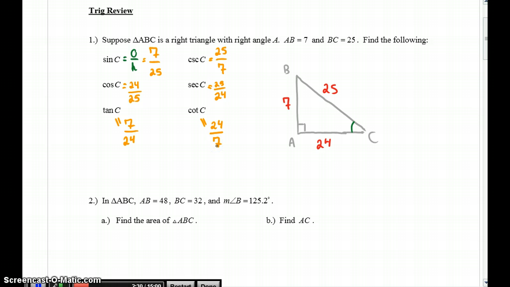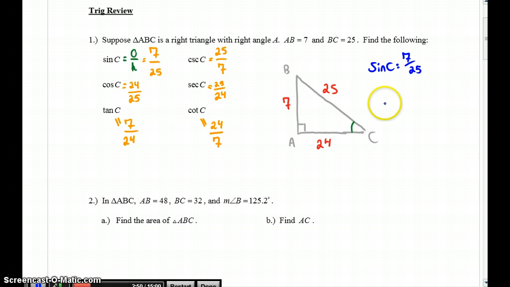Now, none of these actually are angle C. These are all just the ratios. Because angle C, and this isn't part of the problem, but it's worth going over. Sine of C was the 7 over 25.